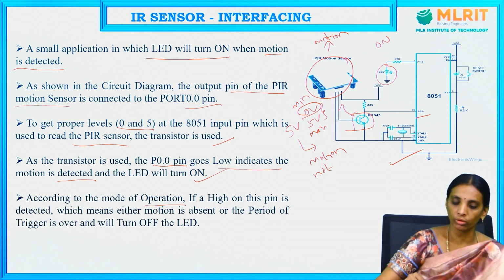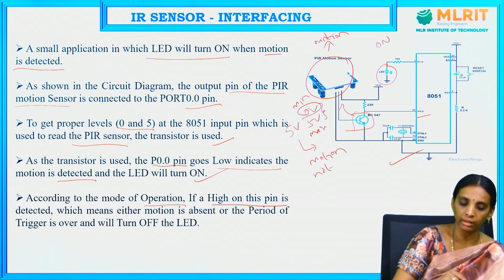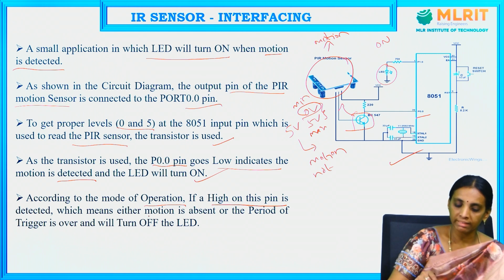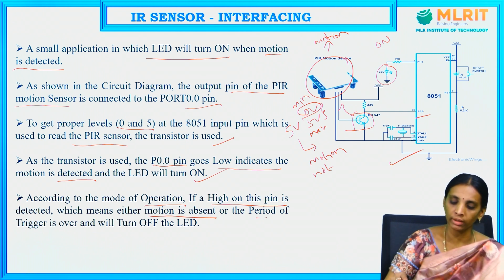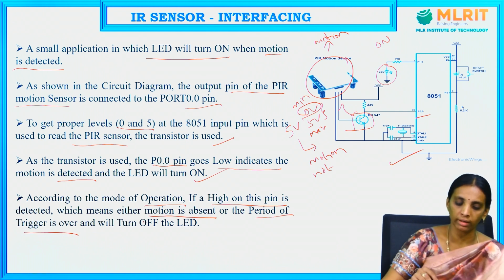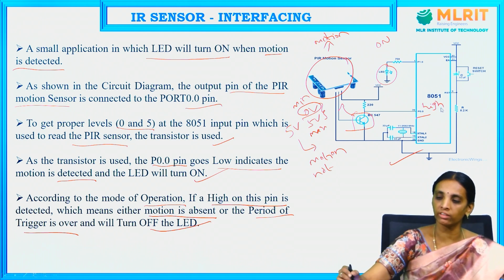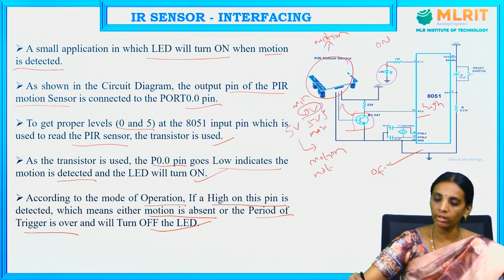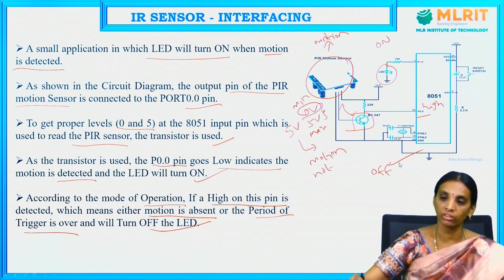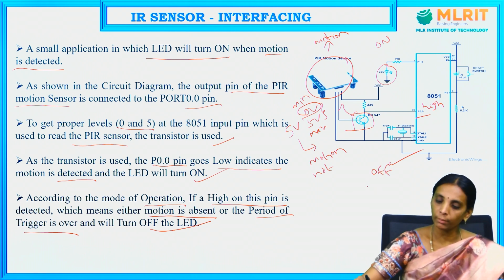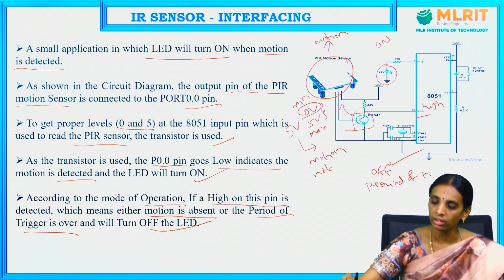According to the mode of operation, if the pin goes high, it means that the motion is absent or the trigger period is over, and the LED will turn off. So when the pin goes high, it indicates that there is no motion detected by the PIR sensor, or the trigger period of the PIR sensor is over.